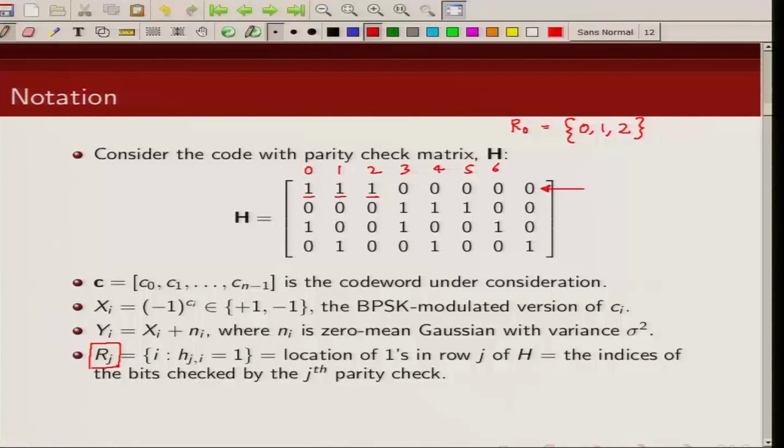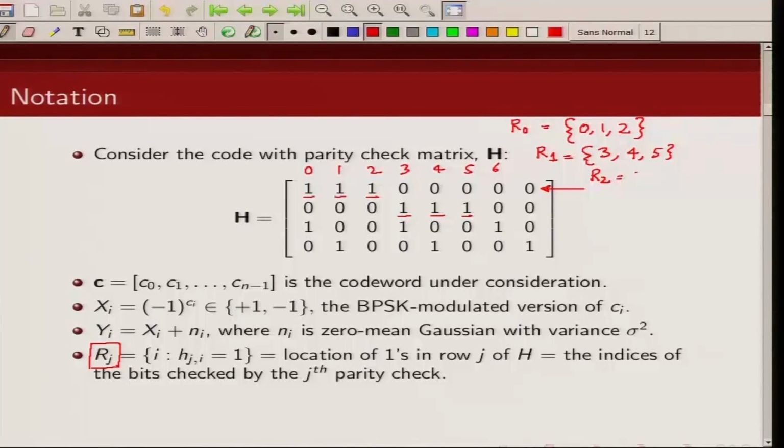And what does it mean? It means for the first parity check equation, the bit numbers 0, 1 and 2 are participating. Similarly, R1 will be 3, 4 and 5.